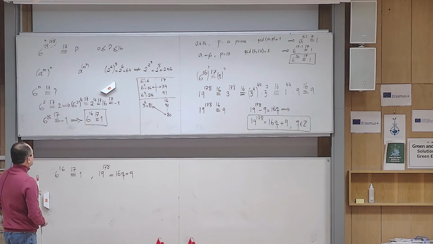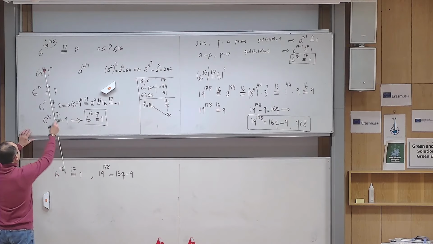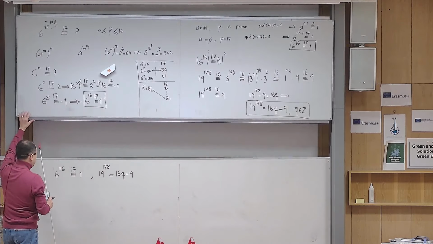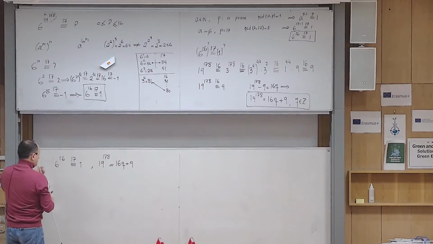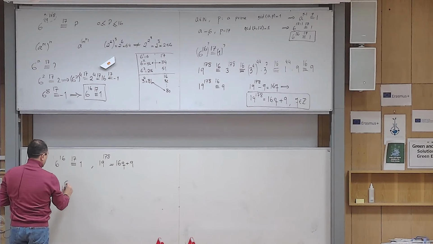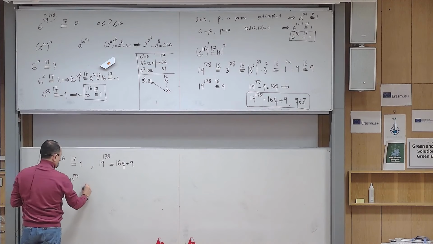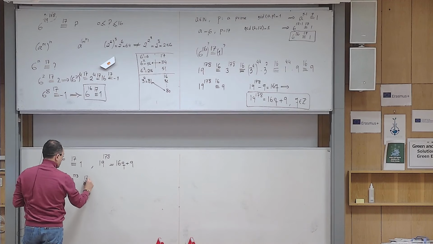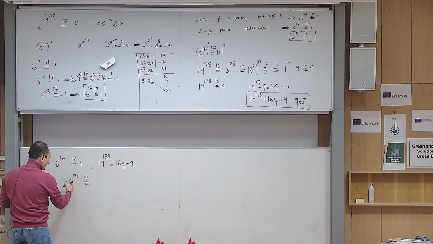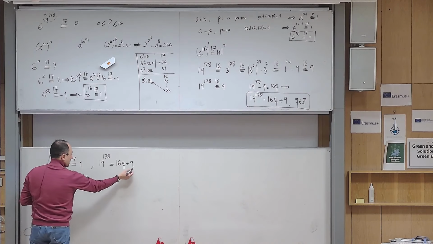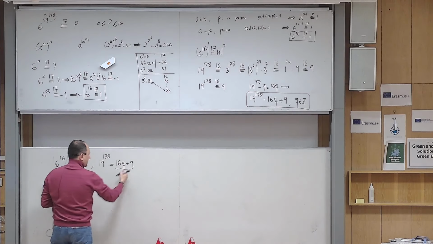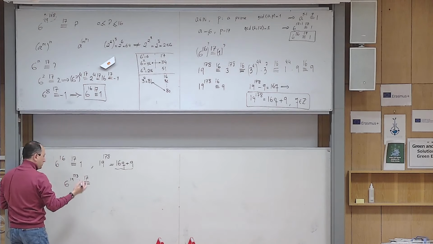Okay, so what I will do, I will go back to my main problem. 6 to the power of 19 to the power of 178, which was my original problem, and my goal was to simplify it modulo 17. I can replace this with that combination. So here I know that q is a natural number, but I don't know what that is.